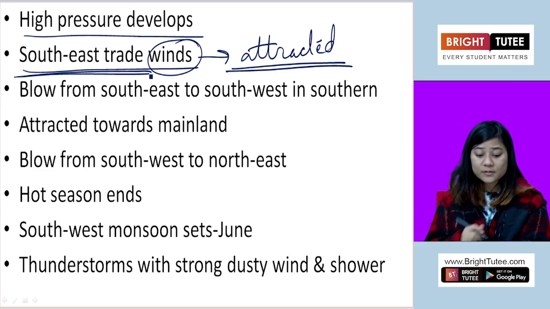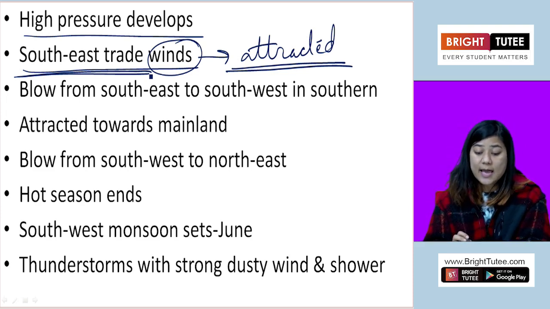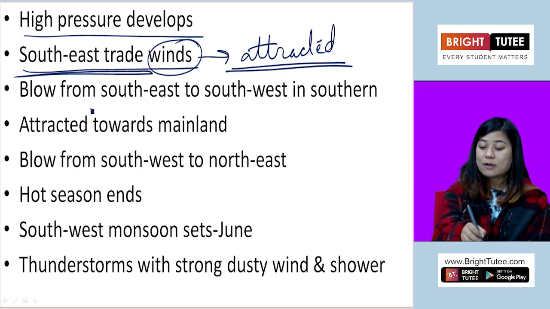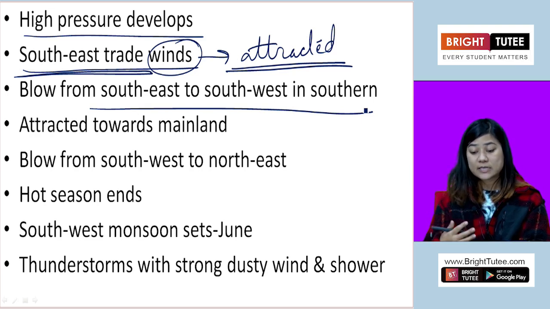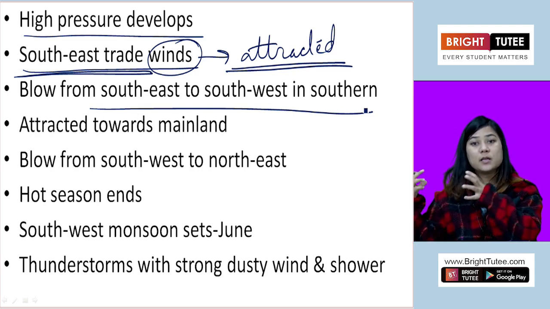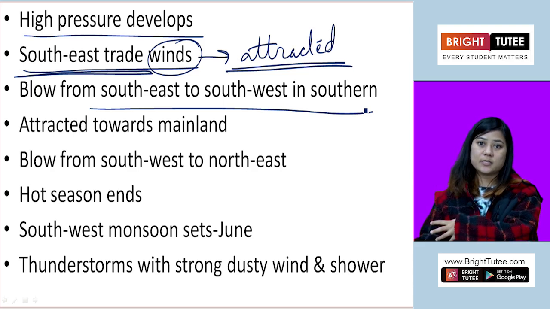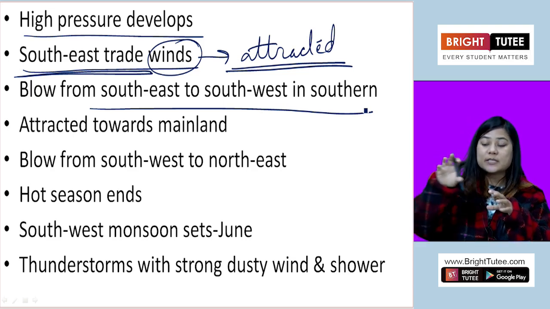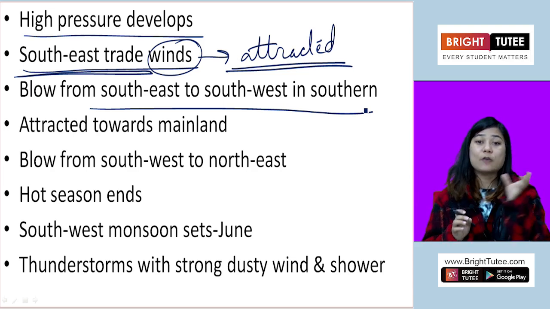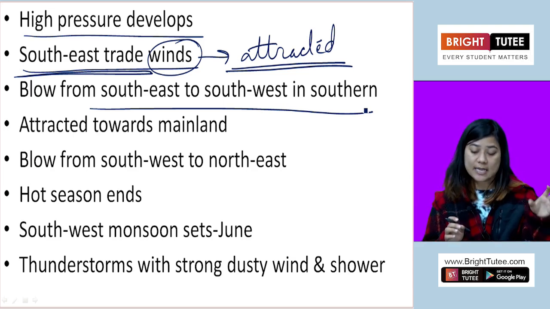Okay, so this wind actually blows from southeast to southwest in the southern part of India. So from the southeastern part it blows towards the southwestern part of southern India.